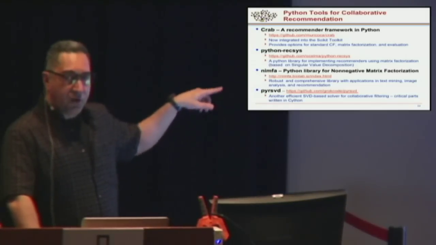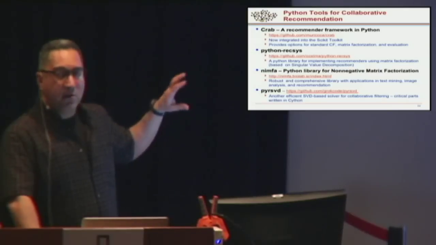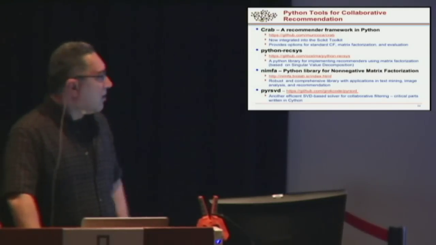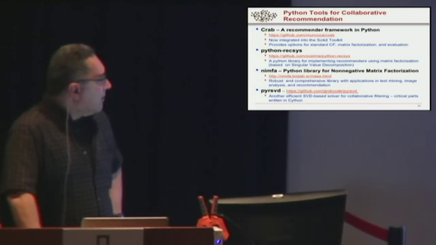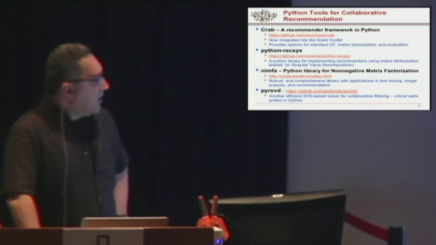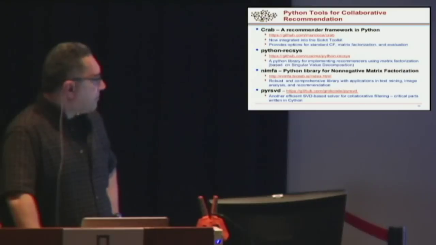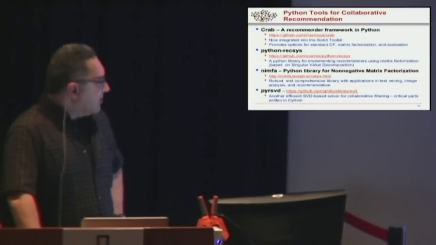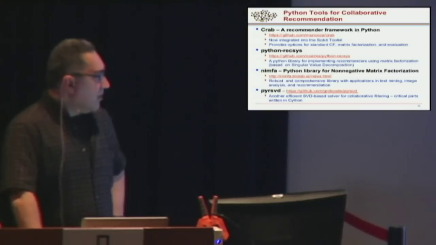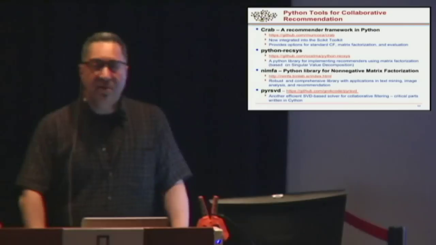Python-recsys, which actually is kind of an evolution of CRAB, does provide a lot of good support for sparse matrices and sparse arrays and so on. Another interesting one that you might want to look at is NIMFA. It's a Python library for non-negative matrix factorization.